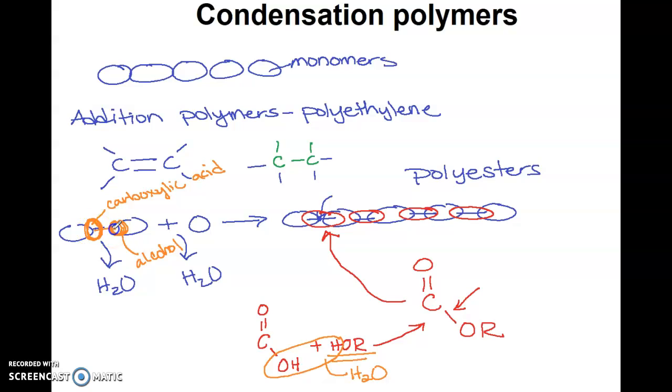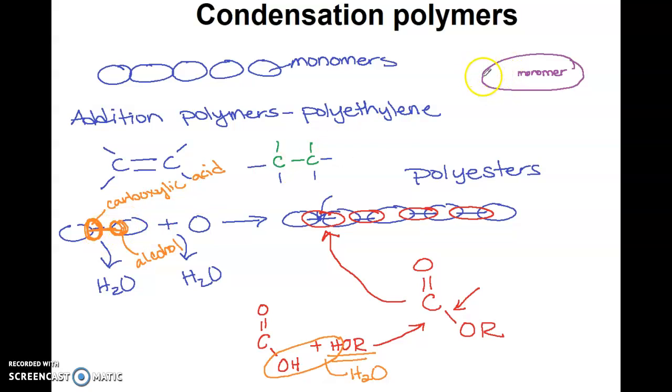Those can link up to make that first bond. Here's my jelly bean version of the monomer for a polyester. Not just any monomer: the monomer that creates a polyester has to have both of these groups in it.